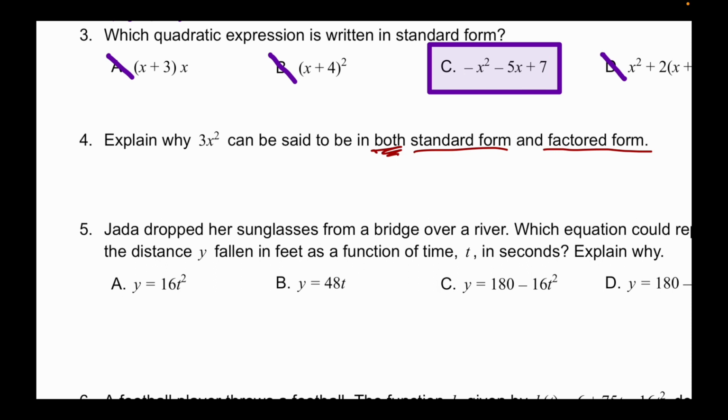It's written from left to right with our highest exponents first and then decreases to our constant at the end. But factored form is where it's written out as just single factors that could be multiplied. Now, I can't really pull anything out of this other than a coefficient. So this is just the single factor.